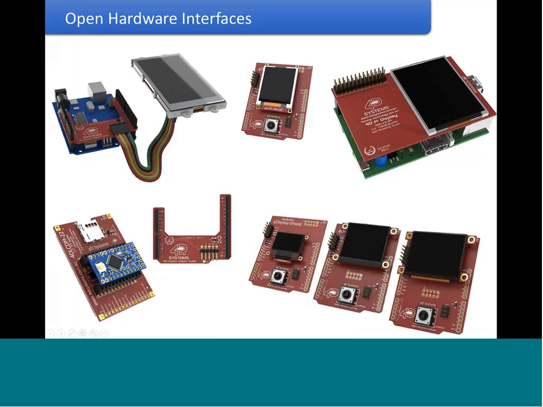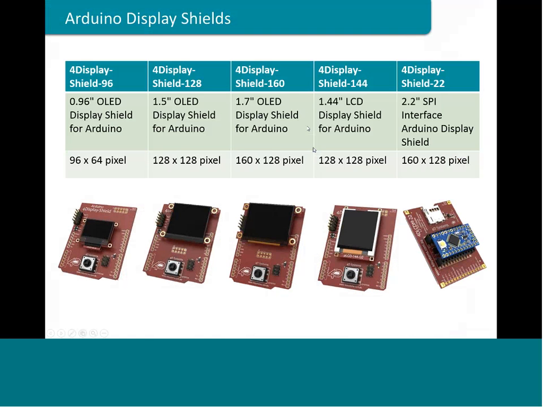We also have some open hardware interfaces. Probably many of you know Arduino and Raspberry Pi boards, and because they're so popular, we've also made some easy-to-use display modules and shields for these. We have display shields for the Arduino for all of our smaller display modules. You just plug these right on top of an Arduino, and then you have a display solution.